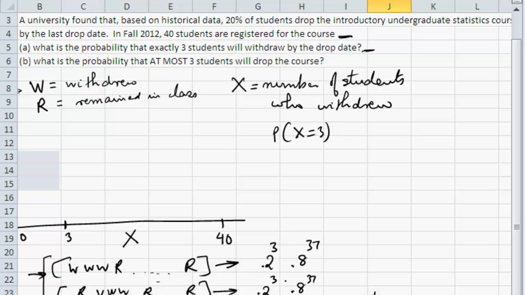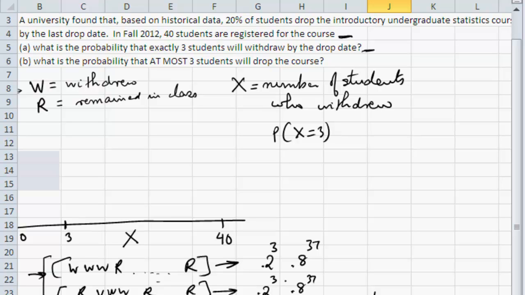The likelihood of any one student leaving is 0.2, and I want the probability of exactly 3 students leaving. The last parameter is either a 0 or a 1. If I want the likelihood of exactly 3 students leaving, in other words, the height of only the spike at x equal to 3, I'll put a 0. If I wanted the probability of at most 3 students leaving, I would put a 1. That's called a cumulative probability.